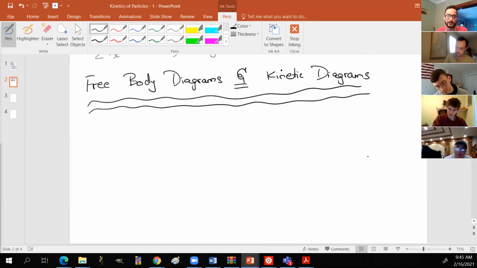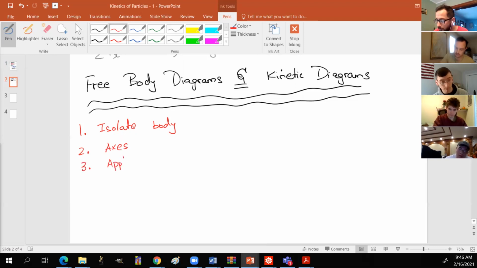So let's write out the steps. The steps that we have to follow are very similar to when you draw your free body diagram. You must isolate your body. You must draw out whatever coordinate system that you're using. You must have all of your applied external forces. Then you must have all of your reaction forces or your support forces.